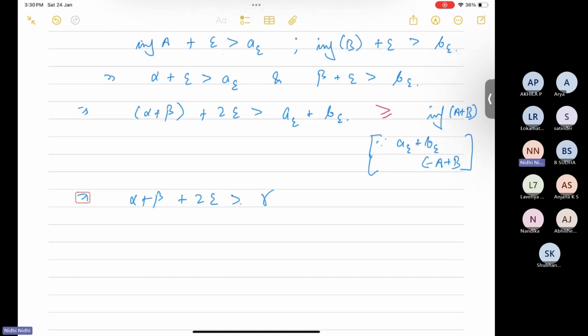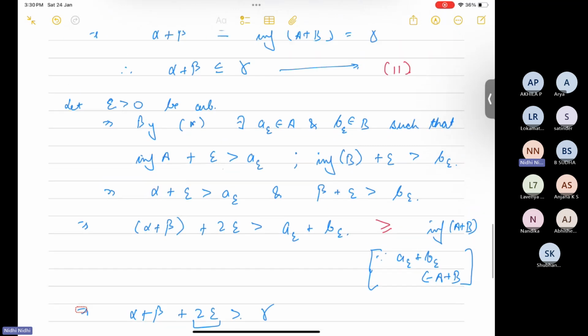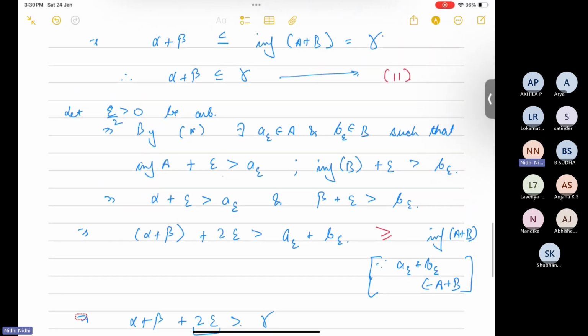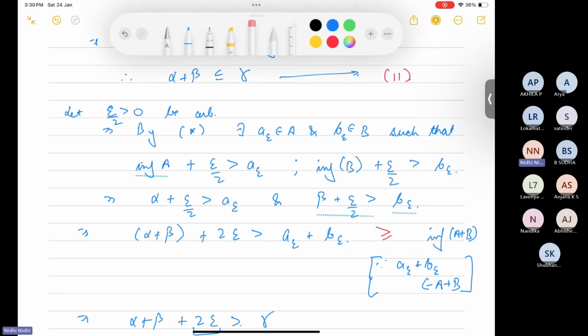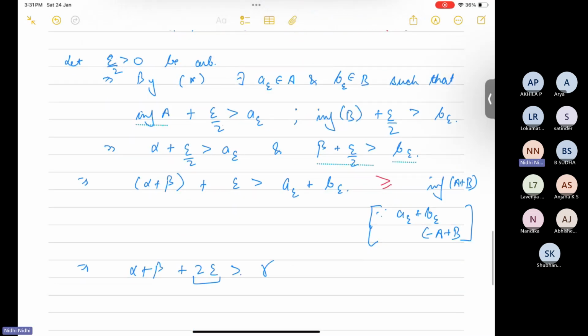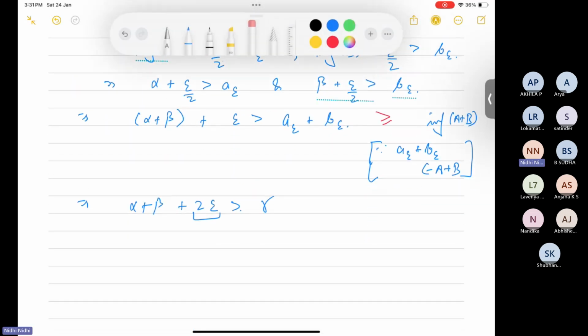So here, since we are getting 2 epsilon, just to make things quite easier, I could start with epsilon by 2. That would give me, instead of 2 epsilon, just epsilon. That's it. No big thing.